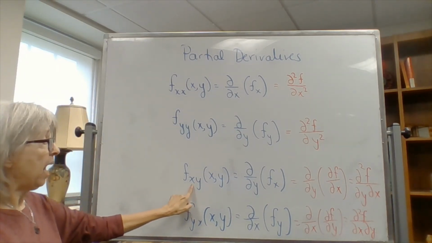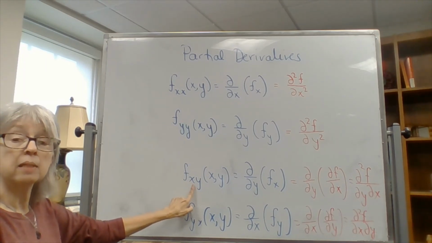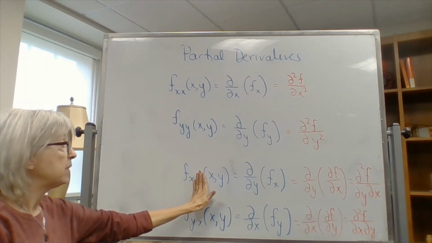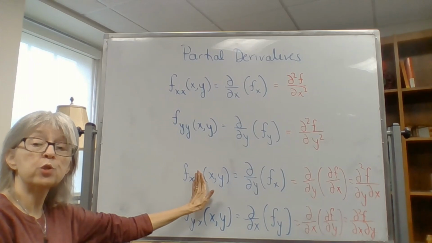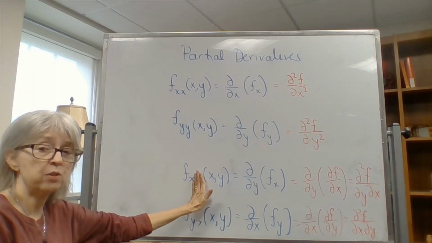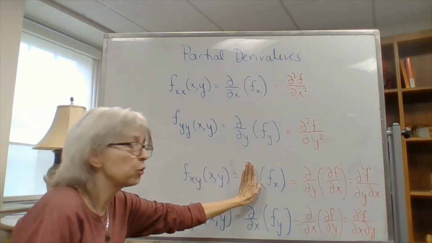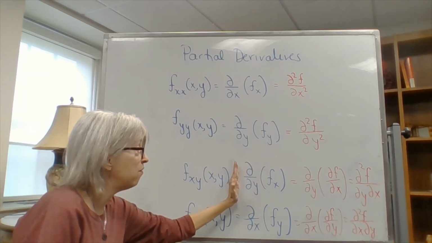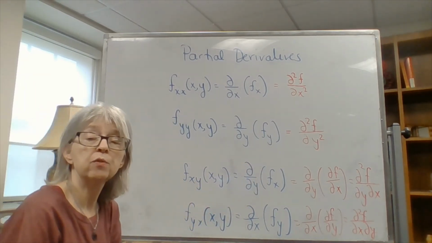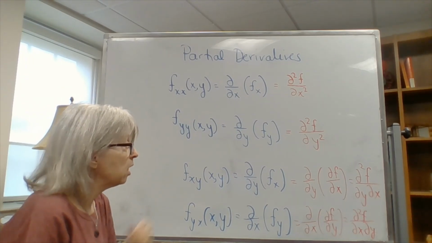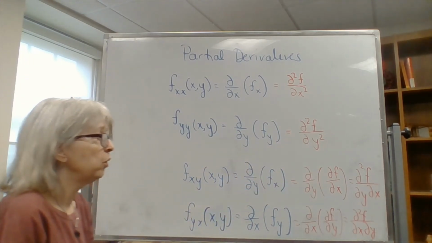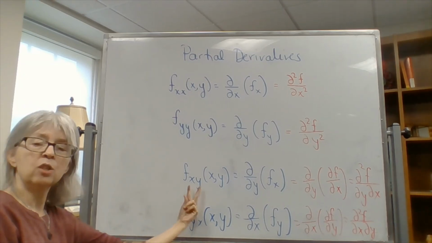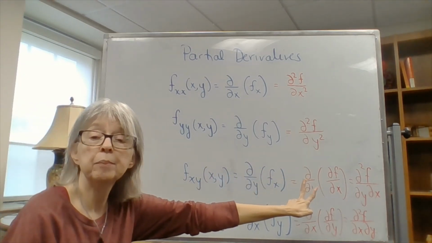When I write f sub x, then a y, I'm telling you that I took the derivative with respect to x first, followed by the derivative with respect to y. In the Leibniz style notation, the x's and the y's look flippy-flopped.